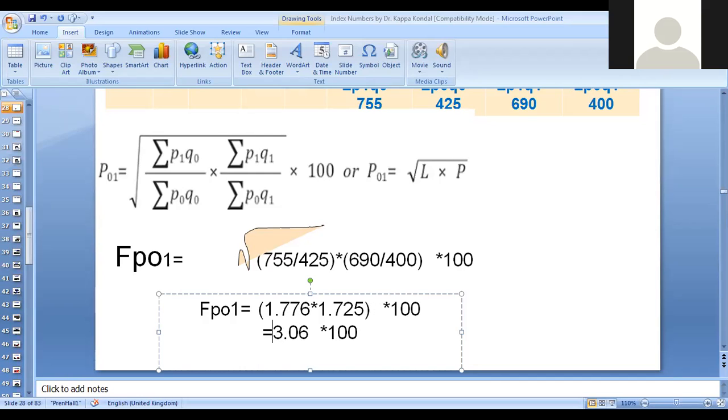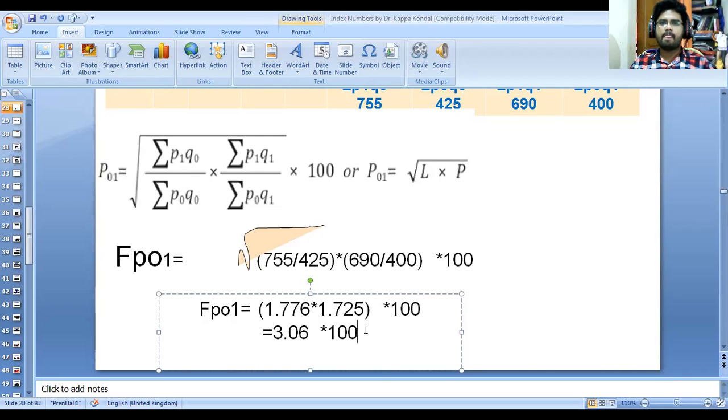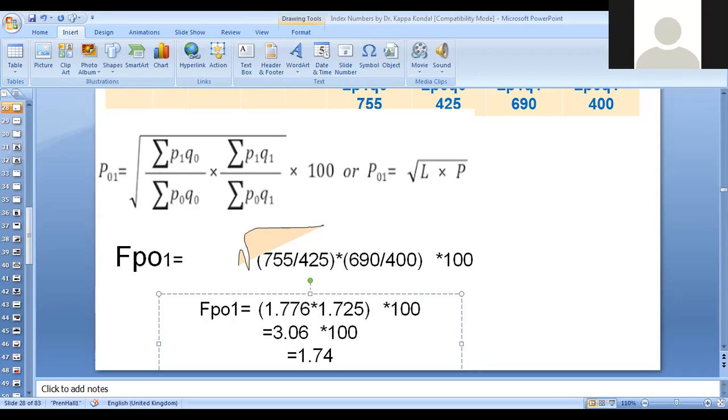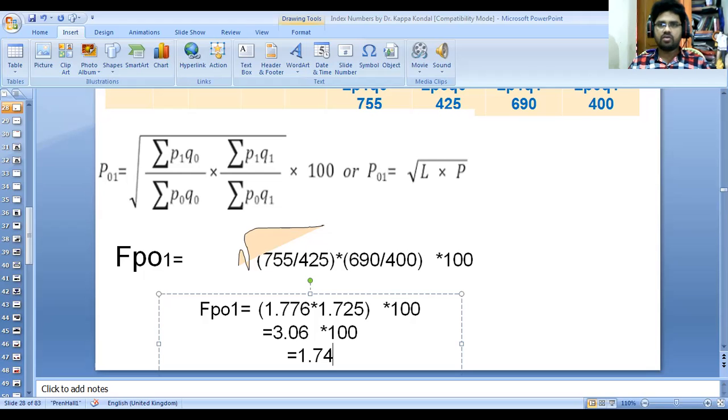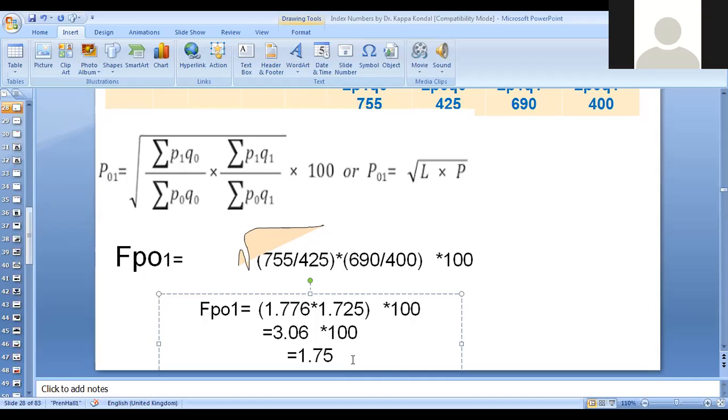Under root 3.06, right? 1.74, or 1.75, sir. 1.75. If you round the decimals, no problem. 1.75, into 100.